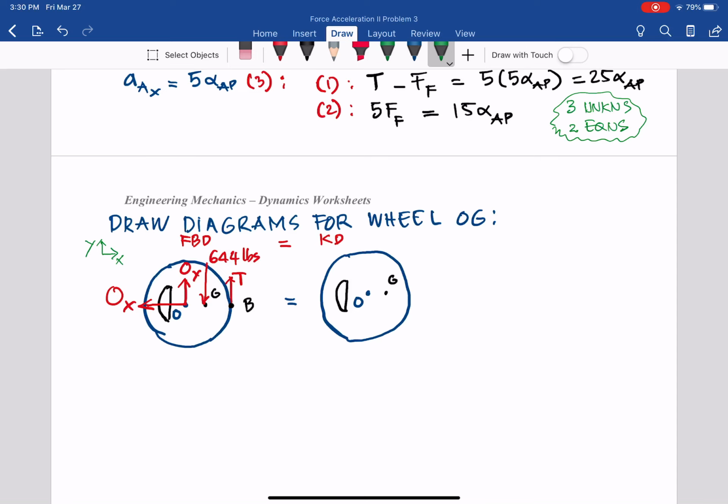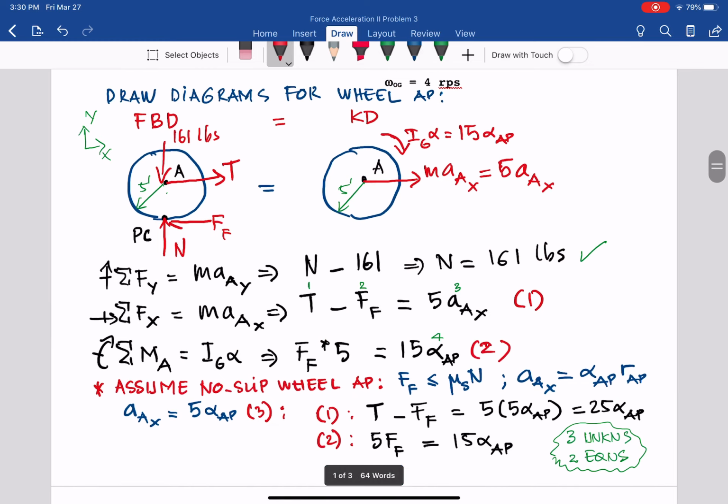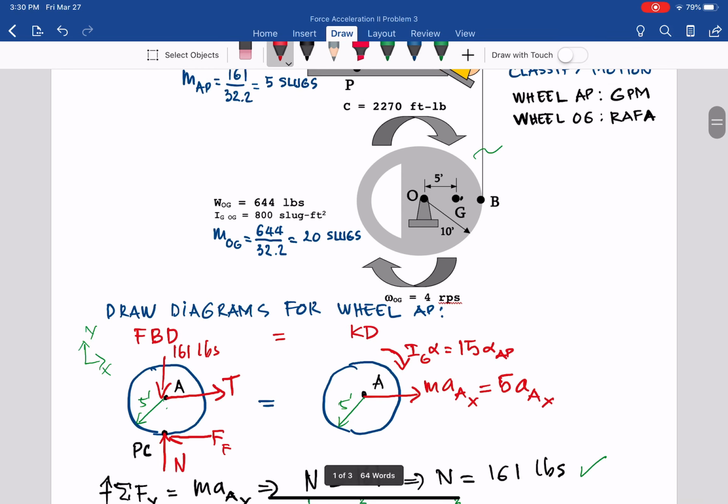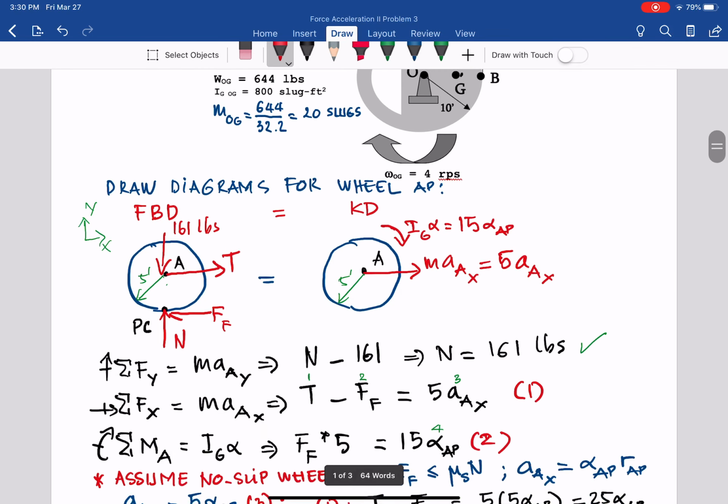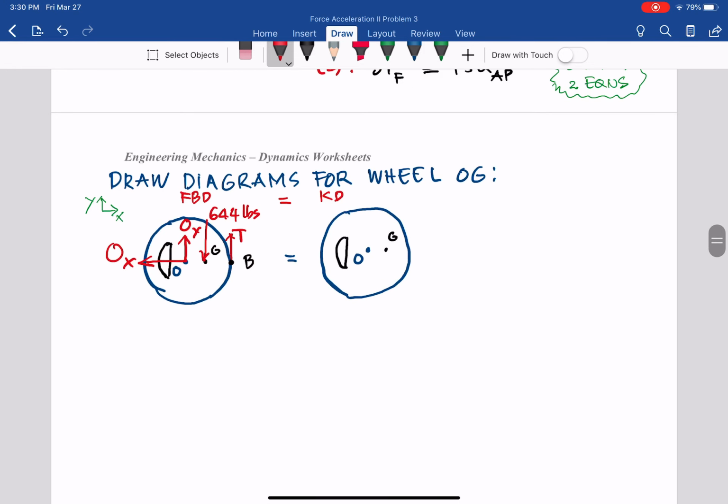And then what else do we have? A couple, and this couple is, let's see, clockwise or counterclockwise. It's clockwise. So you have a couple C clockwise, 2270 foot-pound. And that's all we have on the free body diagram.